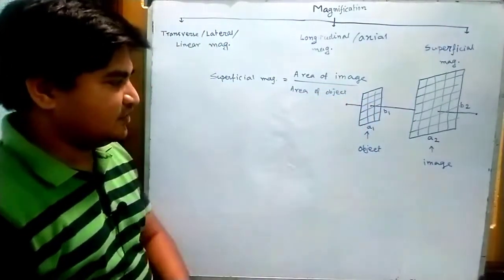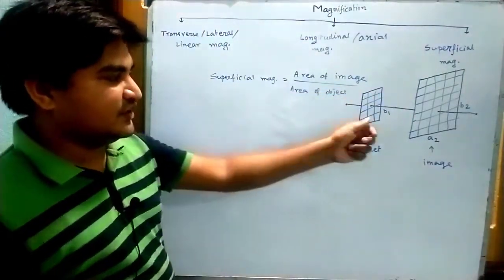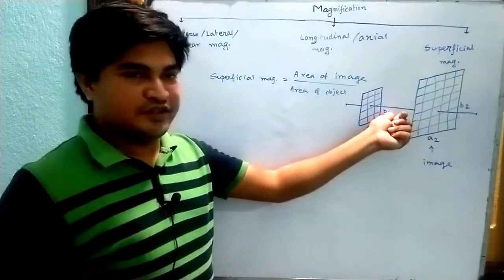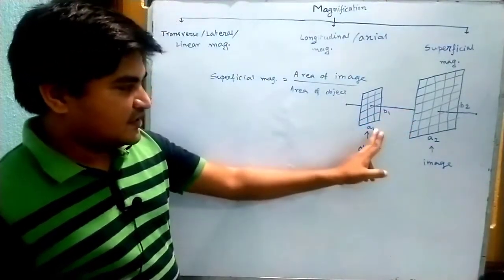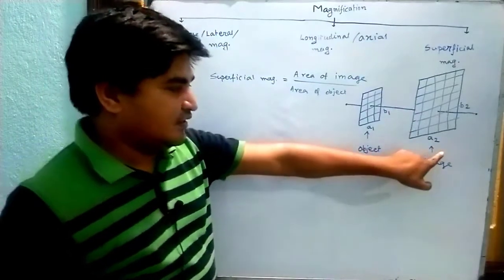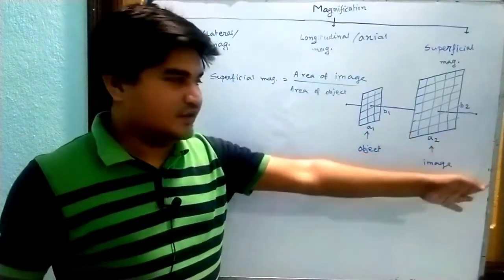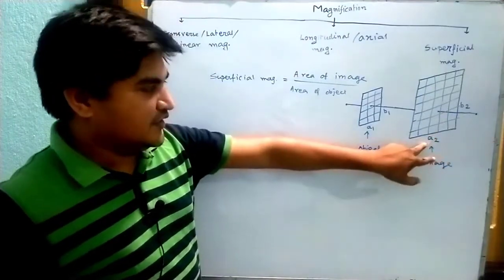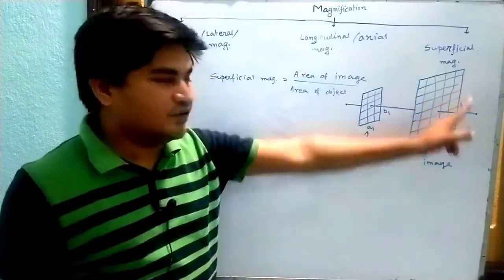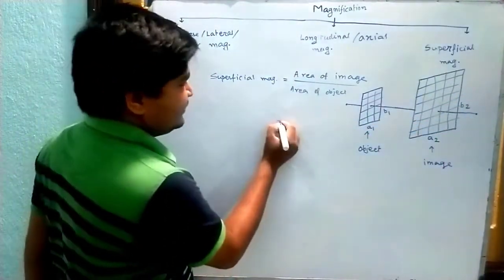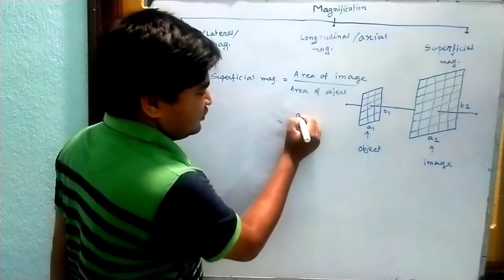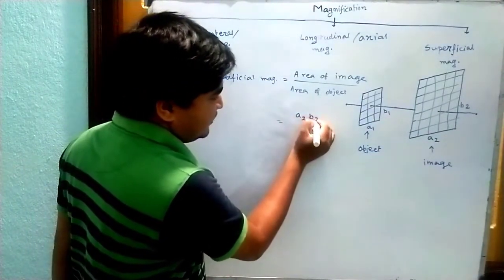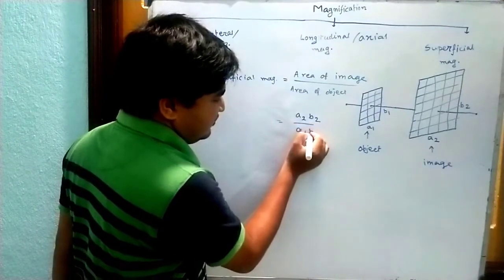In this figure, let's consider this is the object, its length is a1 and breadth is b1. So area is a1 into b1, and this is the image produced by a spherical mirror of that object. So here the length of the image is a2, so area of the image is a2 into b2. So here we can write the superficial magnification equals a2 b2 by a1 b1.